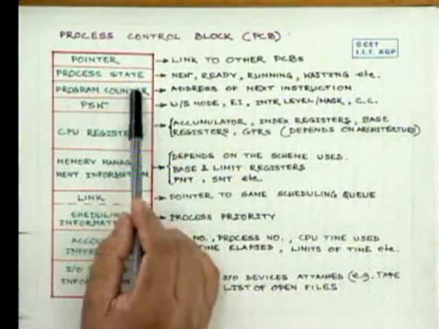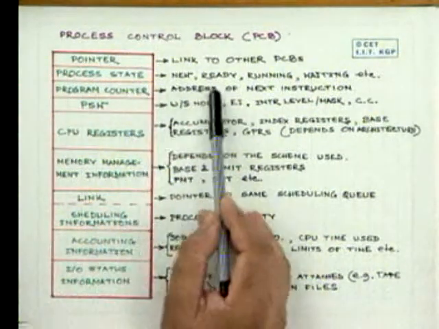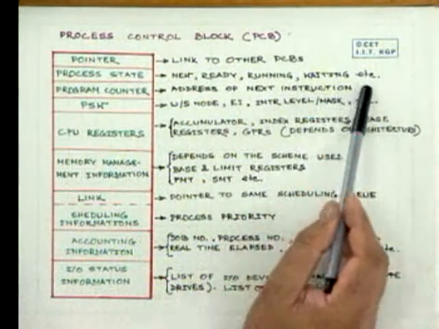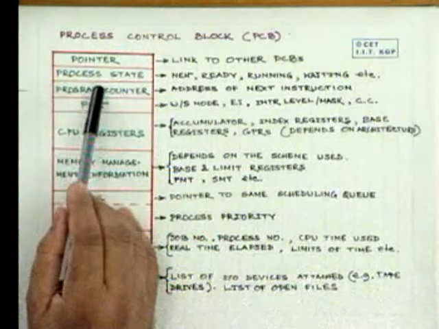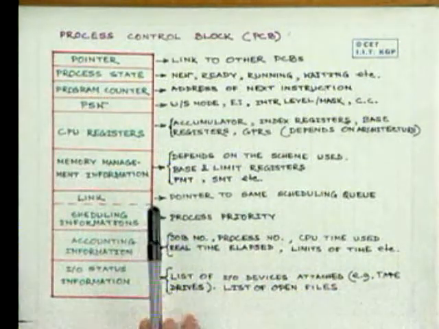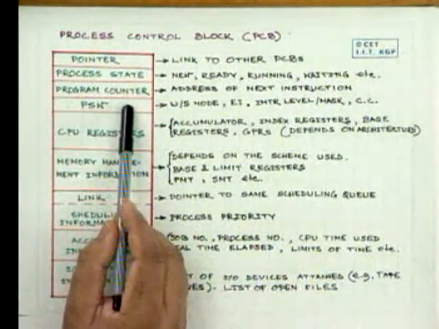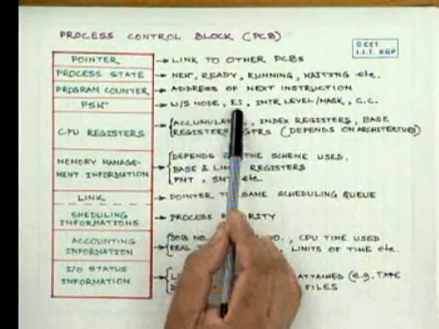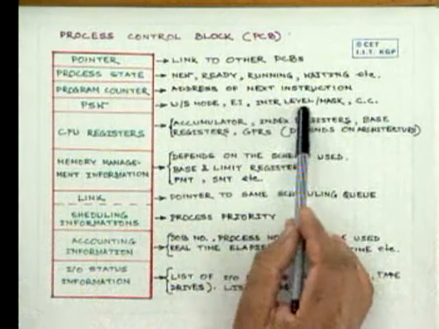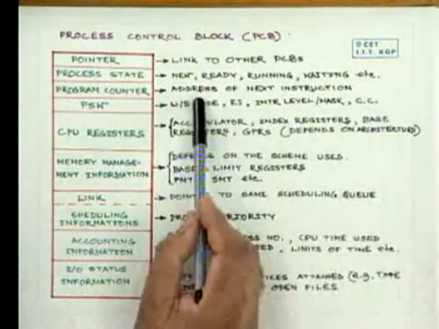Then the program counter, which contains the address of the next instruction that is going to be executed, is also one field of the process control block. The processor status word, as I said, contains the user/supervisor mode bit, enable interrupt bit, interrupt level or mask bit, and condition code bits, all of them.